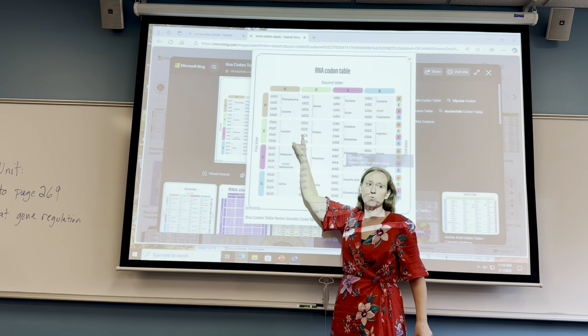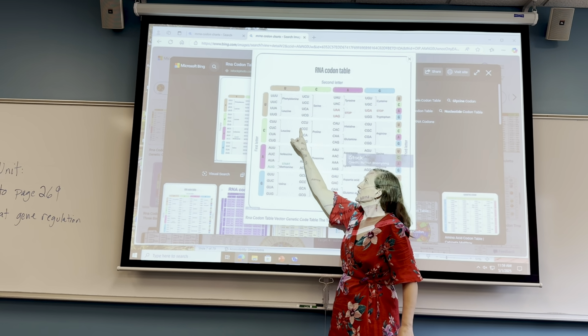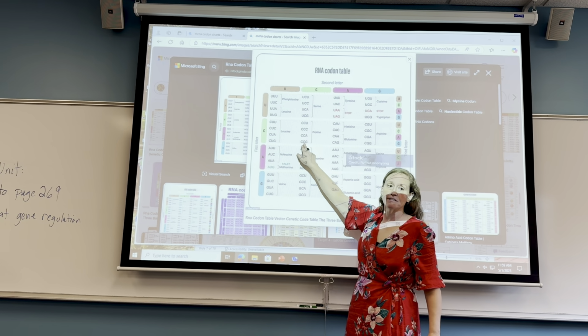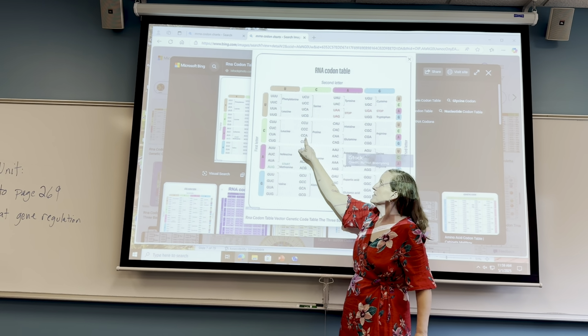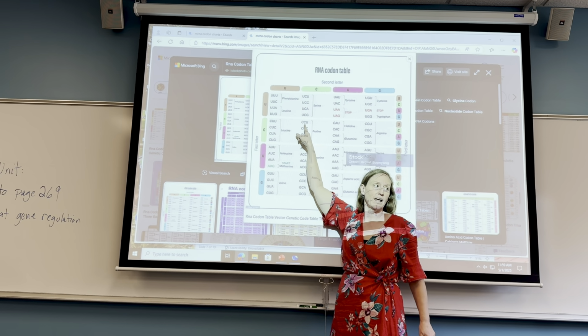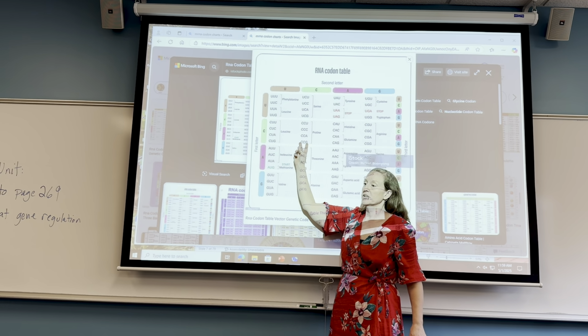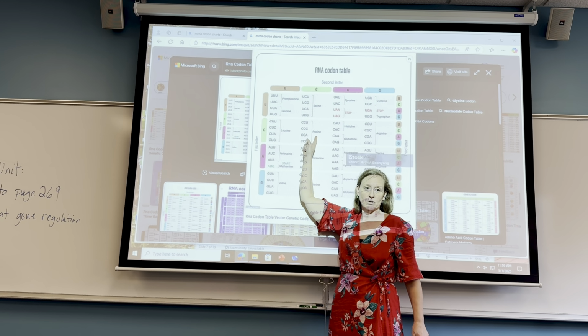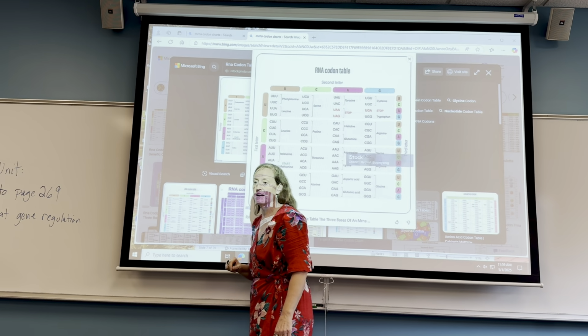So this is what we call redundancy, that often the first 2 nucleotides in a codon are the same, and the last one is different. So if you have a mutation to the last nucleotide in the 3-nucleotide codon sequence, you'll still get the same outcome. So a mutation can be a nothing.